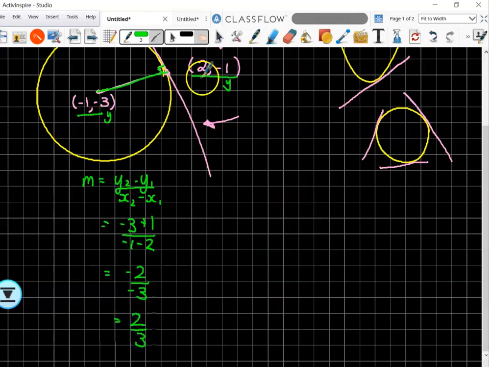And then which point are you going to use to find the equation of the line? I said, which point are you going to use to find the equation of the line? Which point?